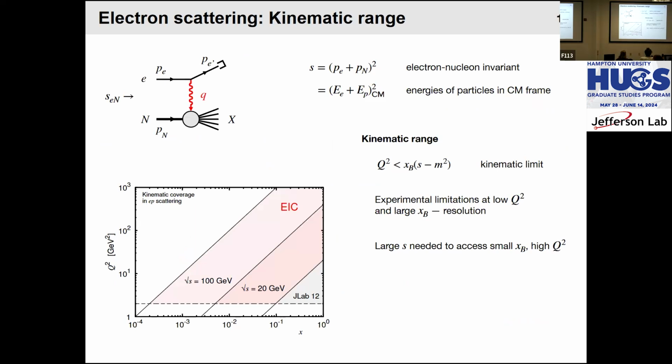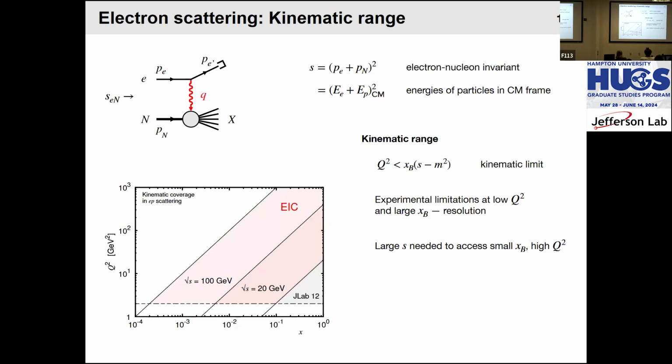Also, what we mean by the center of mass energy has to be adjusted in electron-ion scattering, because we see that the total momentum of the beam enters in S. So usually one defines the center of mass energy per nucleon. It's a good point, I should have commented on this here.